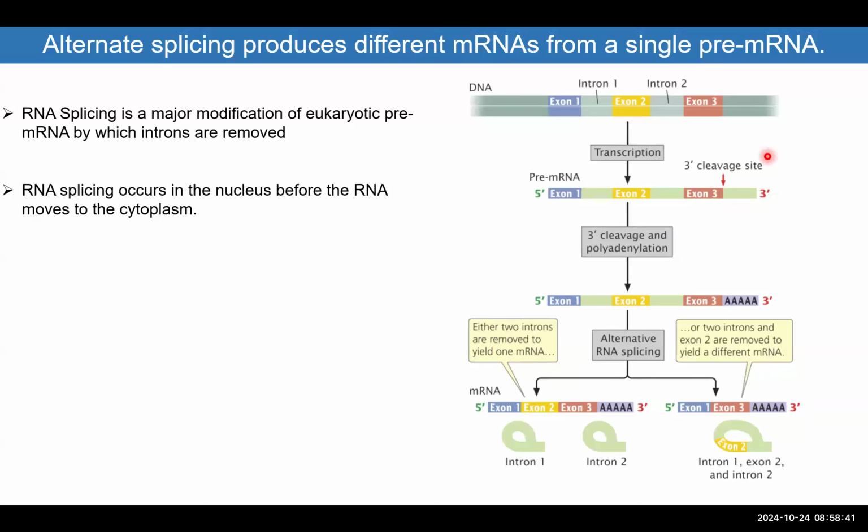After polyadenylation, it's being spliced, where exon 1, 2, and 3 could generate this mature messenger RNA, and therefore it will generate a different sequence of a protein.